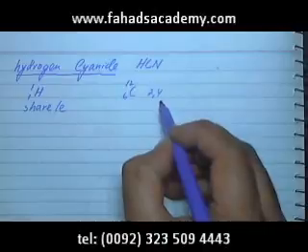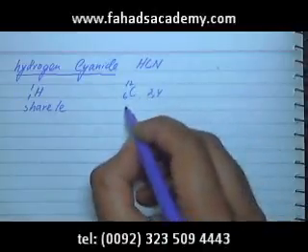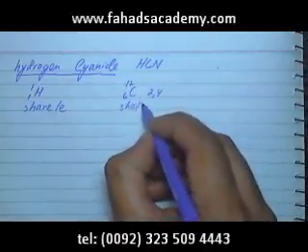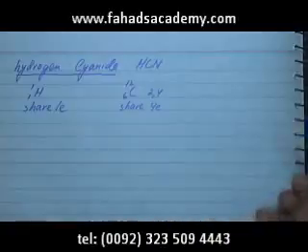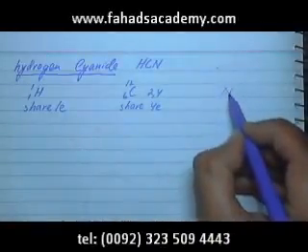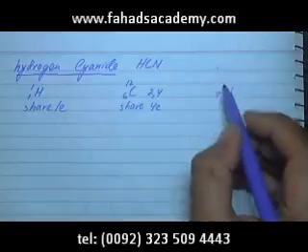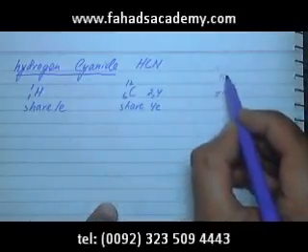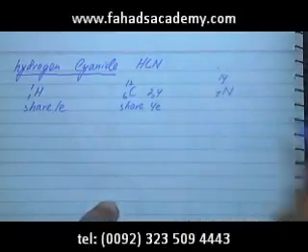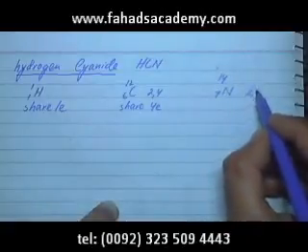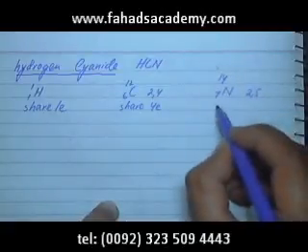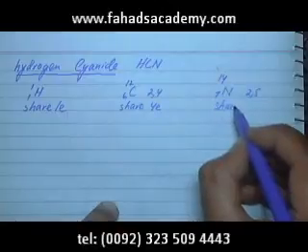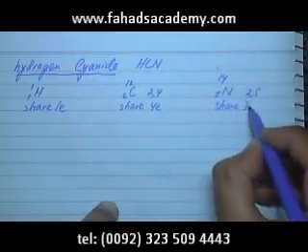It needs 4 electrons to complete its outer shell, so it's going to share 4 electrons. On the other hand, we have nitrogen, which has 7 as the atomic number, and it has 14, which is the atomic mass. So it has an electronic configuration of 2 and 5. It needs 3 electrons, so it's going to share a total of 3 electrons.